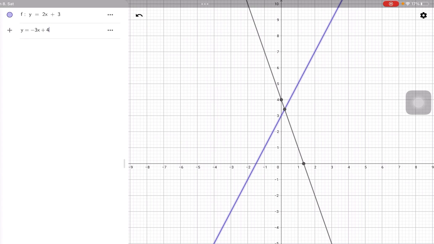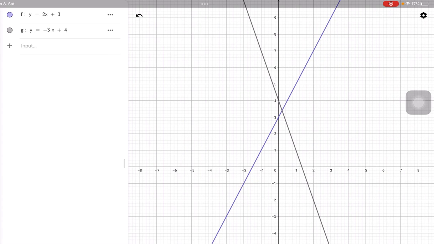Okay, as you see here, from these equations we can find the intersection point between two lines. It's very easy when we set these equations equal to each other, and also we can find the x-intercept for both lines, and also the y-intercept.